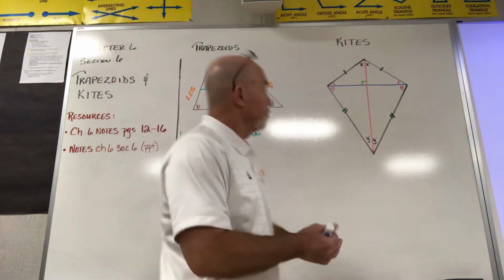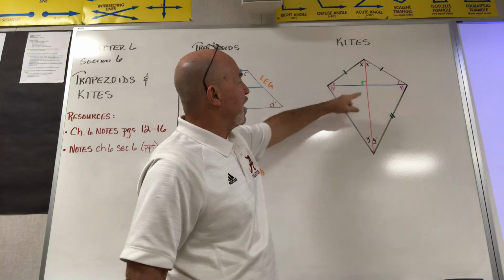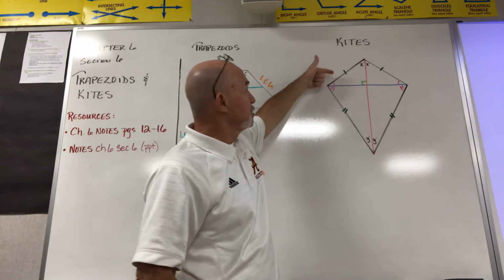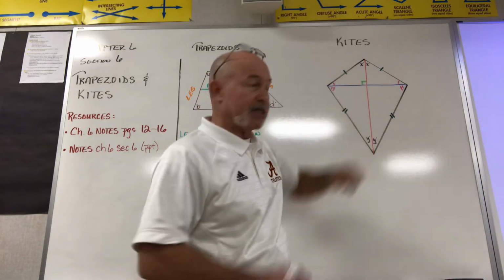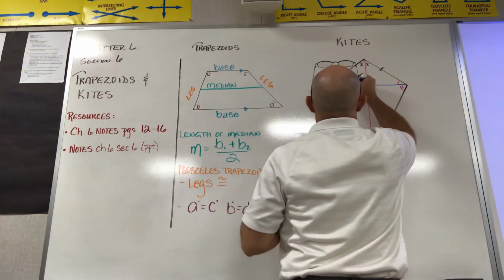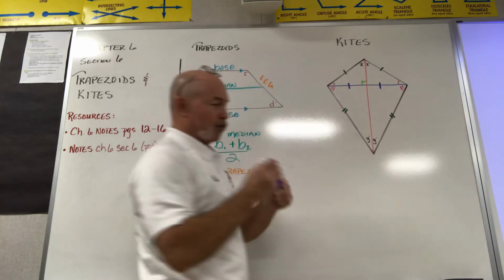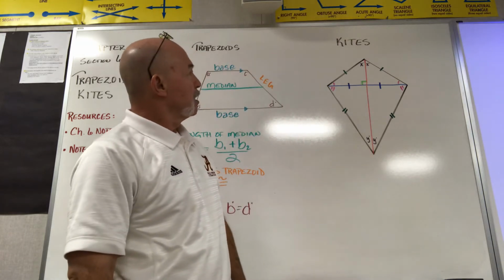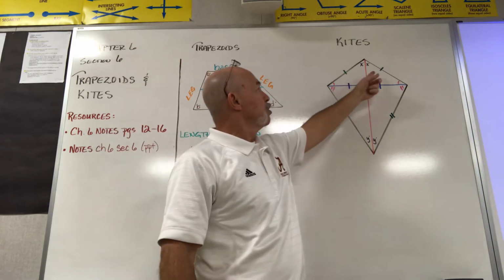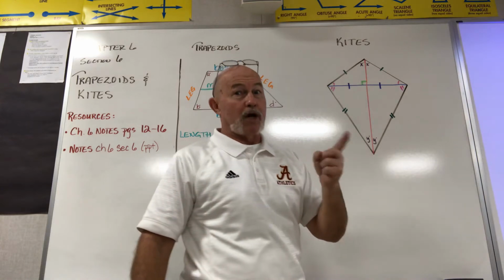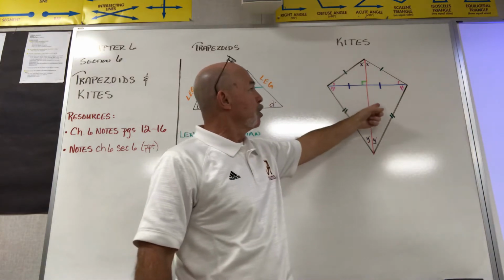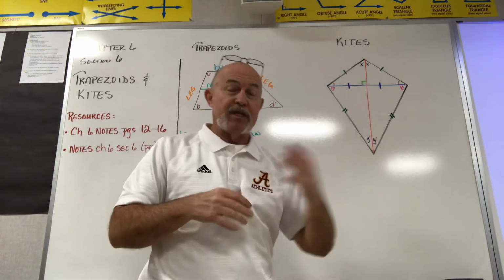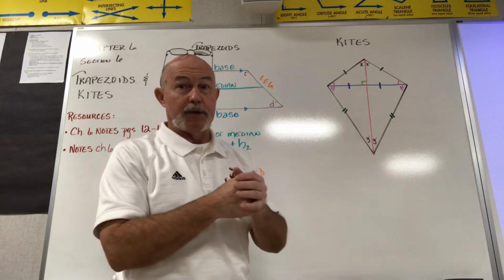In this case, the diagonal that joins the not equal legs is cut in half. That gives you two congruent right triangles there and two congruent right triangles there. In fact, one of the examples I will be dealing with uses the Pythagorean theorem here.